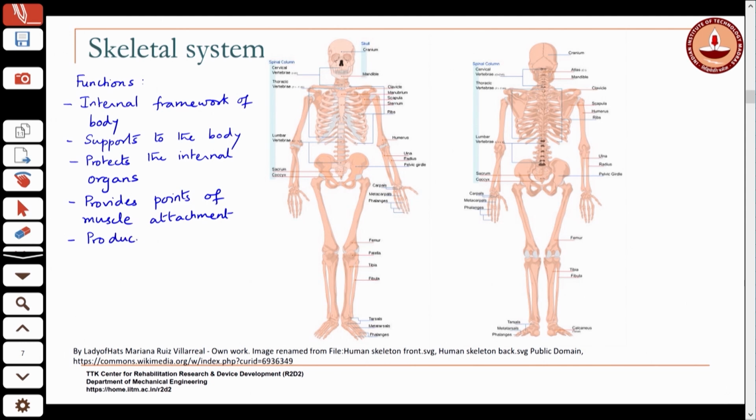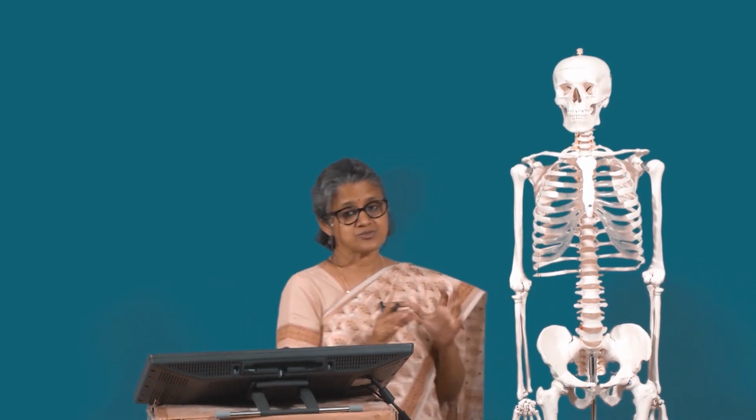So, it produces blood cells and stores minerals, and it performs other functions in the body as well. We will be concerned with the actions of the skeletal system with regard to movement in this particular course.